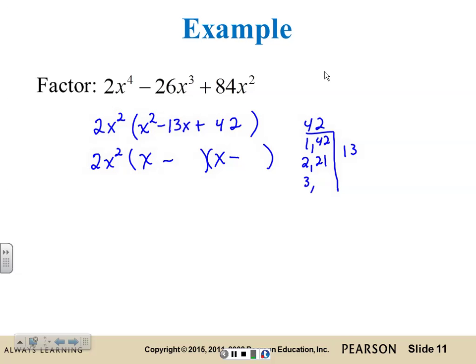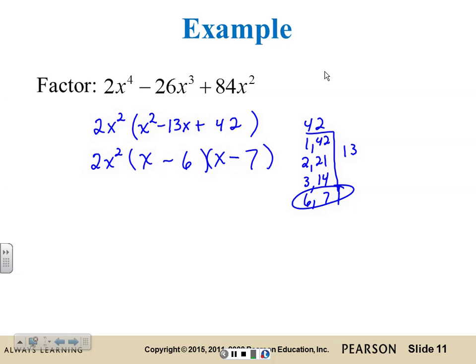I have 3 and, let me use my calculator for that, 14. And I have 6 and 7. And only one of these pairs will add to give me 13, and that's going to be the 6 and the 7. And so that is factored.